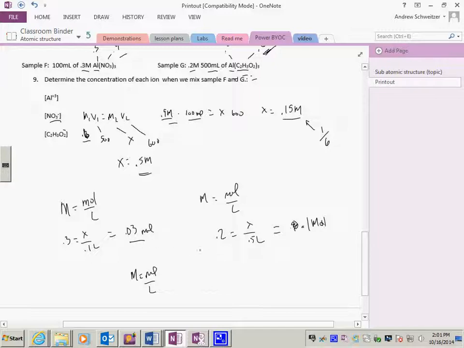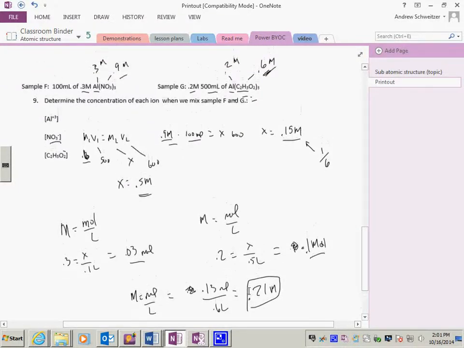I have 0.03 plus 0.1, for a total of 0.13 moles in a total volume of 0.6 liters. This is my new concentration. 0.13 divided by 0.6 equals 0.21 moles per liter as my final concentration of the aluminum ions.